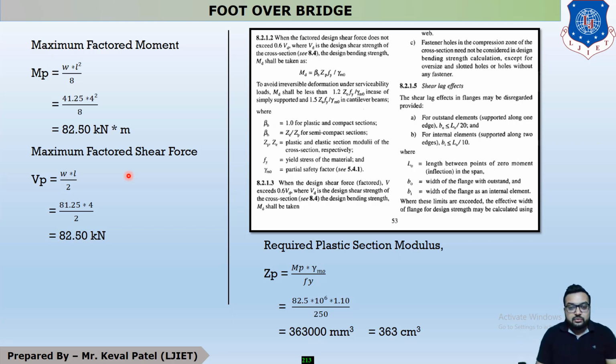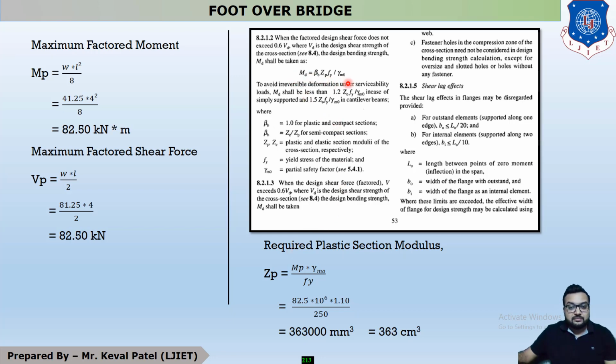So the value of V is WL by 2, in which the value of W is 41.25, L is equal to 4 meter, divided by 2. So you will get your answer 82.50 kilonewton.